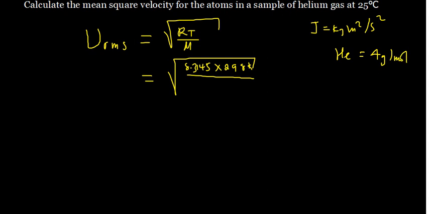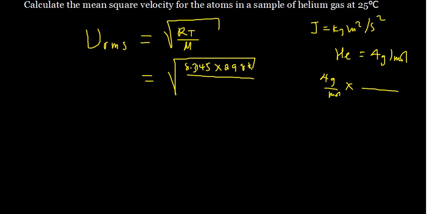Now when we are using this molar mass in this equation, because we can see that the value for the universal gas constant that we are using is in kg meter squared per second squared, we need to make sure that we convert this value to kg. So we have 4 grams per mole.